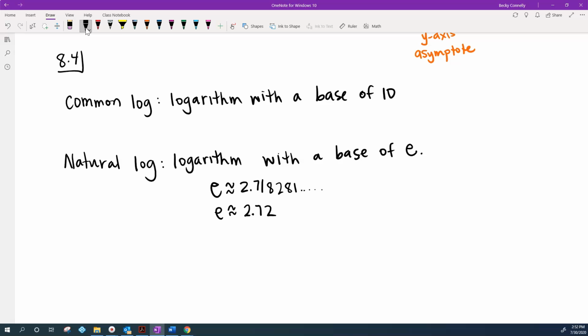But on the stuff that you'll be doing today, we're not going to use this 2.72 all that often. We're going to be using this e. So I want everybody to look at your calculator right now and find where e is. A lot of times people think it looks like IN.